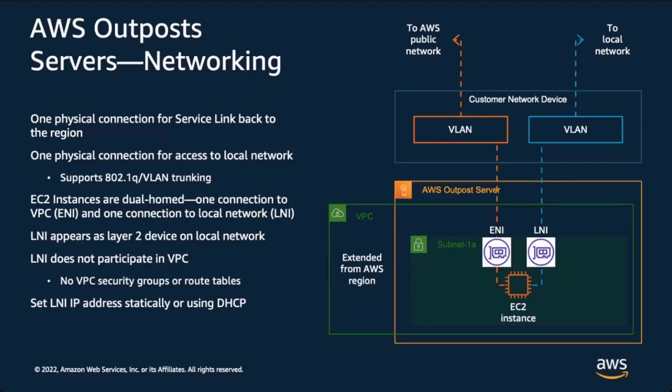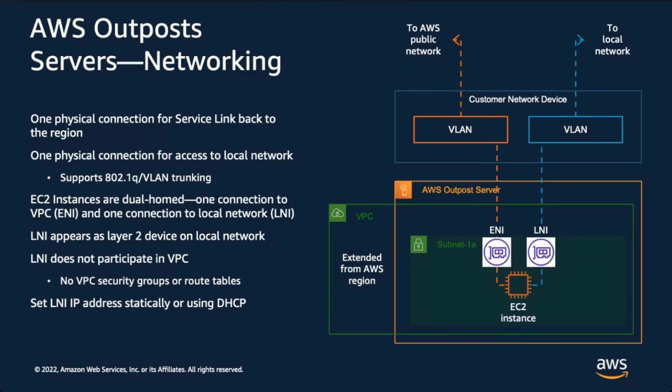On Outpost servers, if you remember back to the slide, we were talking about retail locations, distribution centers, a department store potentially, maybe a fast food restaurant. They don't always have devices that can do layer 3 the way that we need to do it. So if we had implemented servers the same way as we did racks, then customers would potentially have to procure other networking equipment in order to make it work. So we wanted to simplify it based off customer feedback.